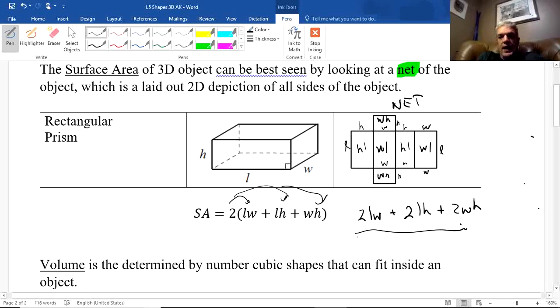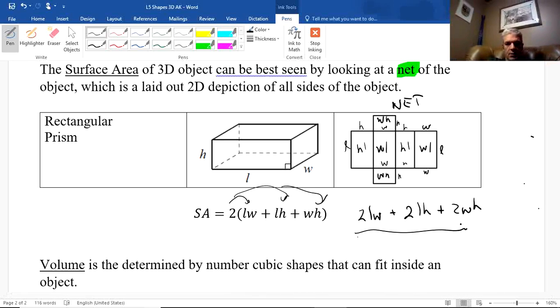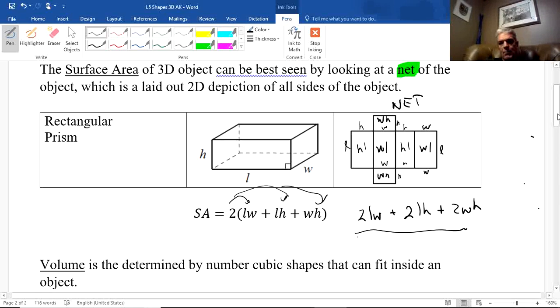Either way works perfectly the same. So that's how we calculate the surface area of any three-dimensional object: we basically lay it flat and we look at all the areas of each piece that comes to build it. We'll look at other shapes, or I'll at least show you other shapes and then leave you with some homework to work on.